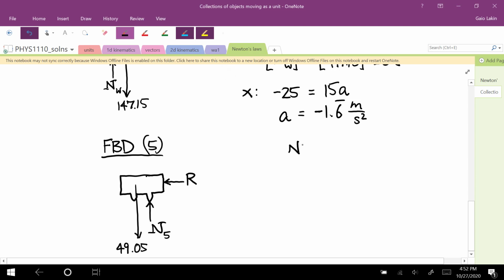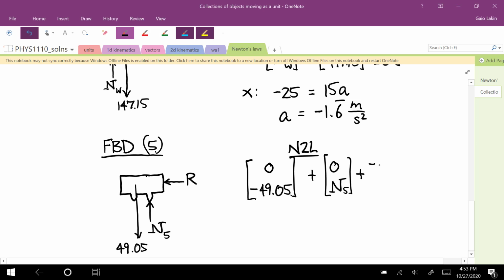And now we'll go to Newton's second law. I have to put in all three of these forces. The first one is 0, negative 49.05. The second one is 0, positive N5. The third one is negative R, 0. Three forces in the free body diagram, three in Newton's second law.